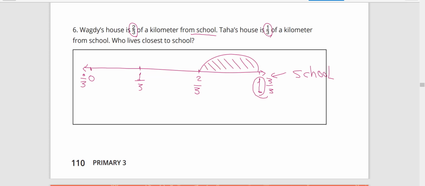The place of this part is one third, and from 2/3 to 1/3 this part is one third.